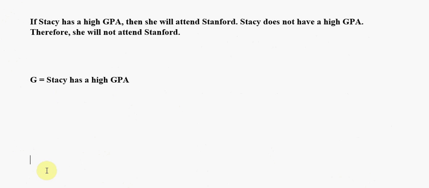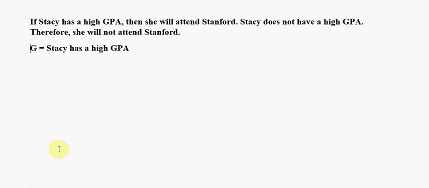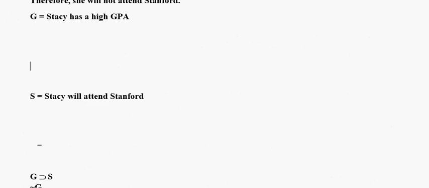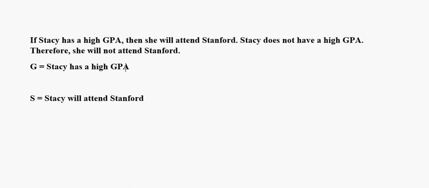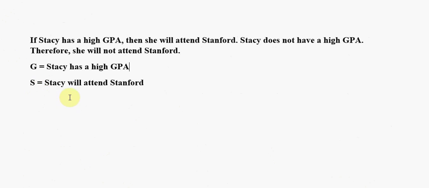Then the antecedent for the first premise will be just that G, right? The consequent in this case is that she will attend Stanford, right? So how about we let S represent she will attend Stanford.